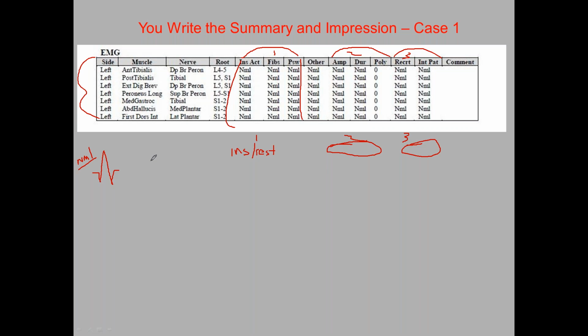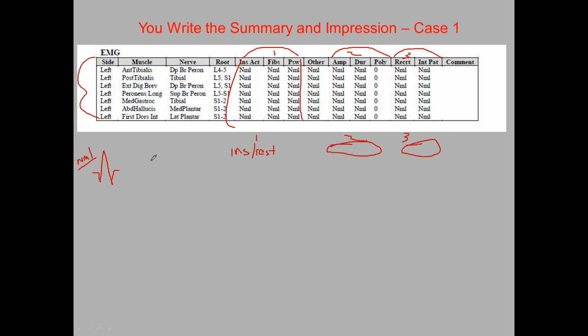You were exactly right, Brian. But if we see one that's 5,000, 6,000, 7,000 microvolts, and we're isolating those units, those are very large type 1 motor units, aren't they?